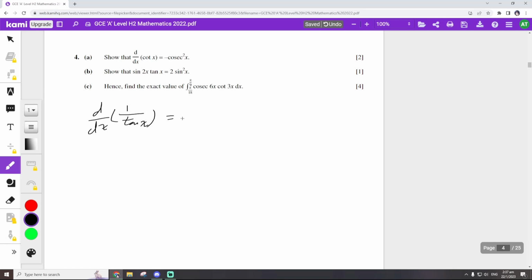So you get minus tangent square x at the bottom, but at the top you have secant square x. Then if I multiply the top and bottom by cosine square x, I will get negative 1 over sine square x, which is negative cosecant square x.